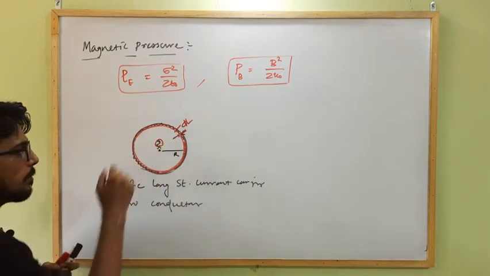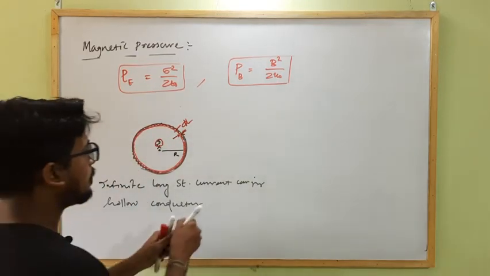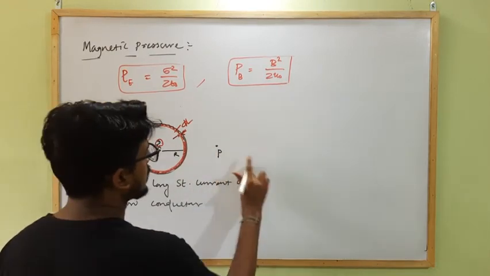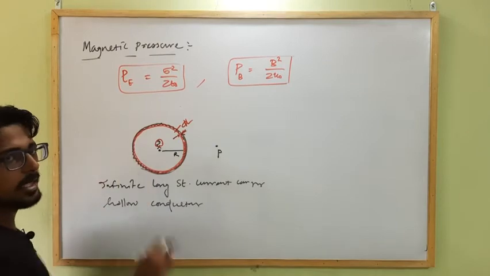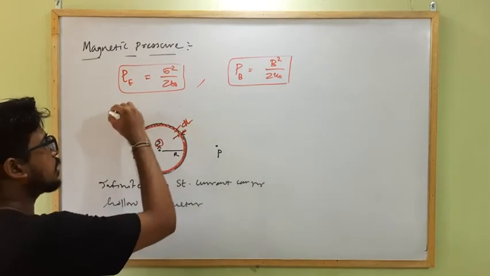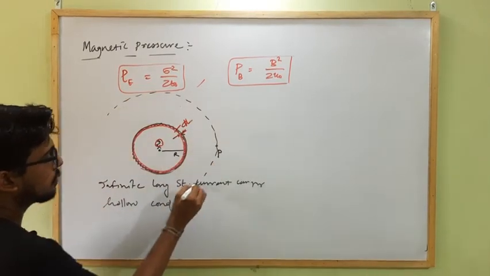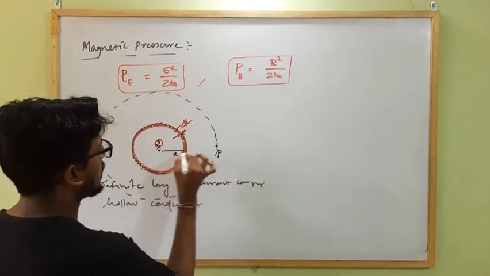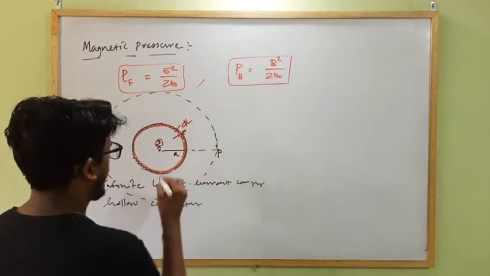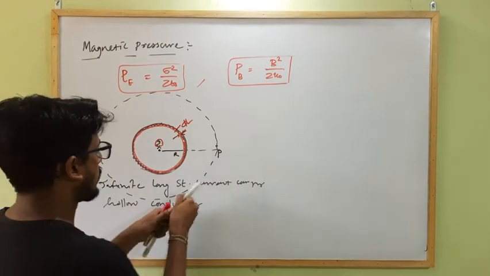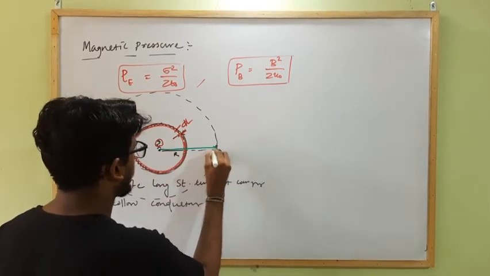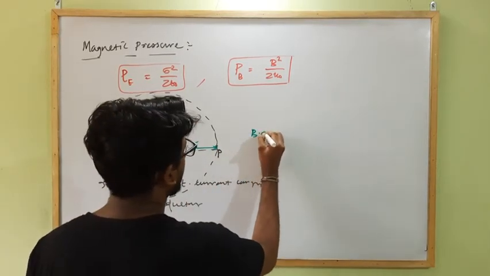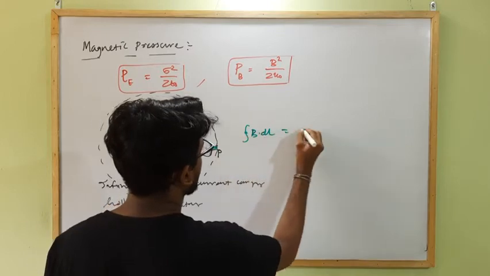Due to this infinite current carrying conductor, at any place P outside the conductor, what is the magnetic field strength? We already discussed. By applying Ampere's circuital law, I am considering a loop at a distance small r from the conductor. So B dot dl, closed integral, will be equal to mu naught into I enclosed.